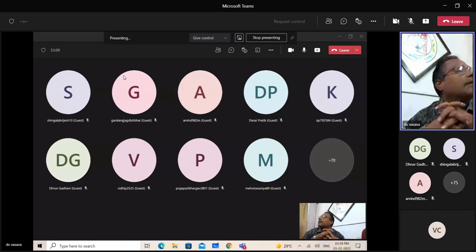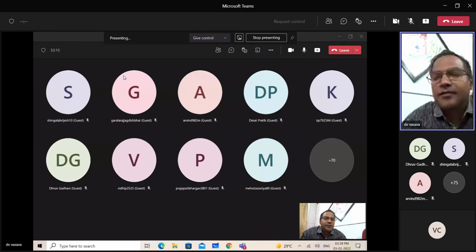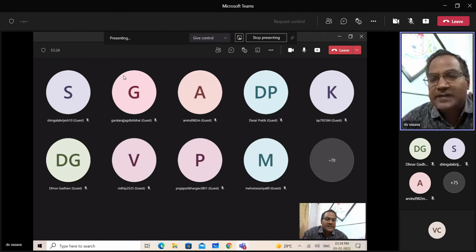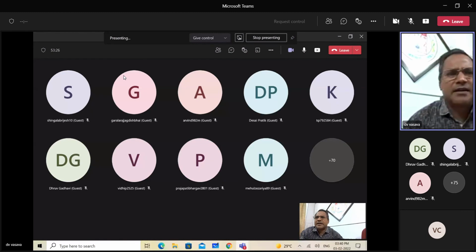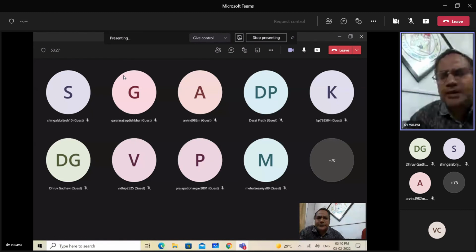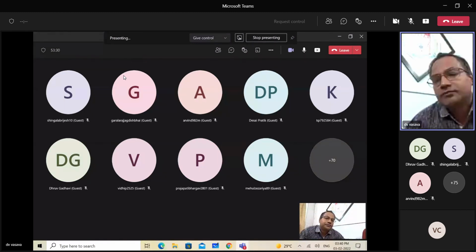So you may not get the reaction method of this practical easily, because the patent is there, and the patent is from the USA.